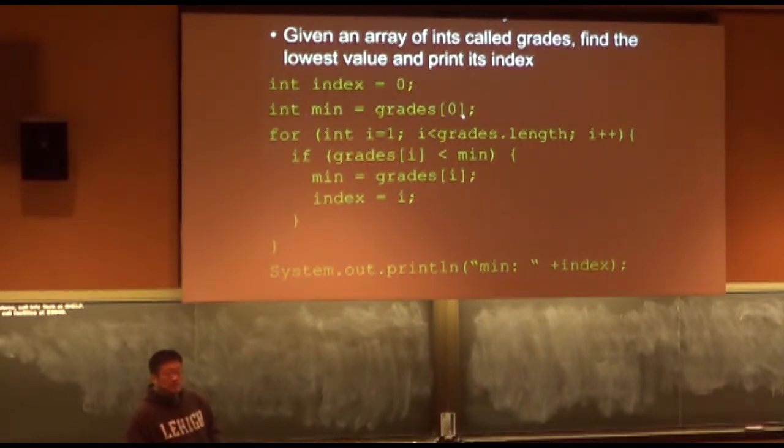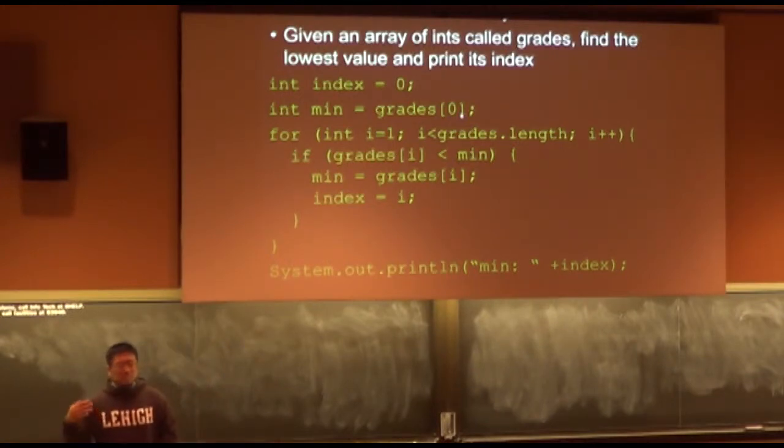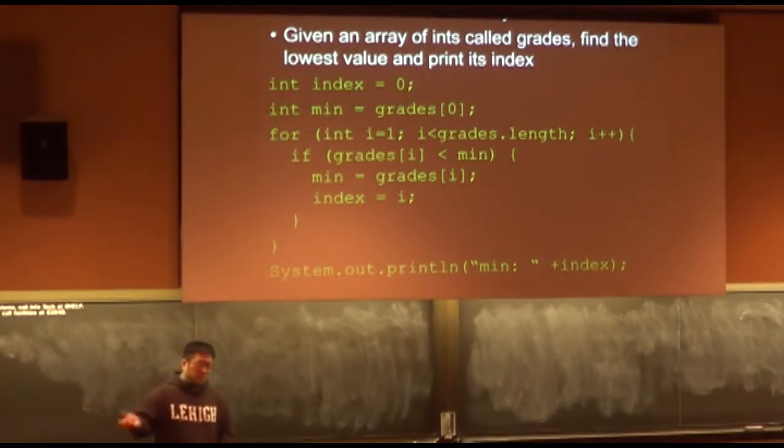But if grade sub 0 wasn't the smallest, meaning that there was some member of grades that had a value smaller than the grade sub 0, then what would happen in this for loop would be that I would iterate through this for loop, and eventually for some I equal to some value, that grade sub I would have a value less than the min, because grade sub 0 is not the smallest.